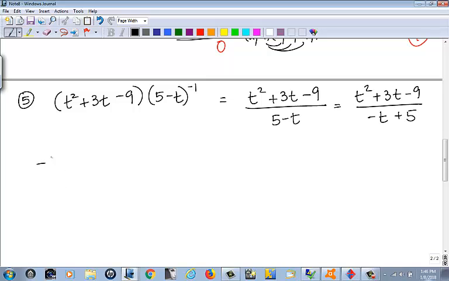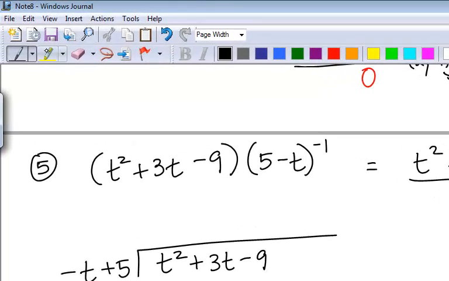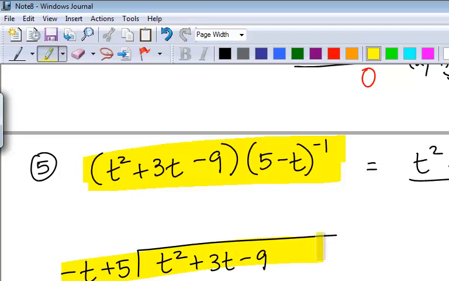So the long division would look like this. Now, can you get from this to this? All that negative exponent is, it's moving that quantity down, and then I rearranged it so the variable's in front. The negative t's in front.